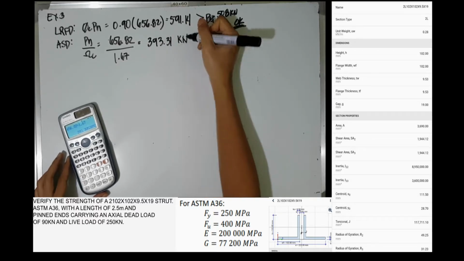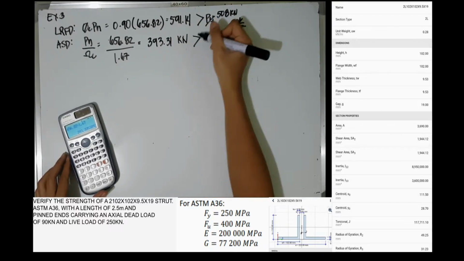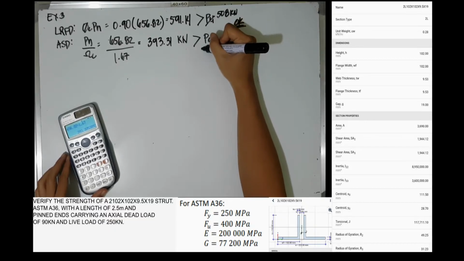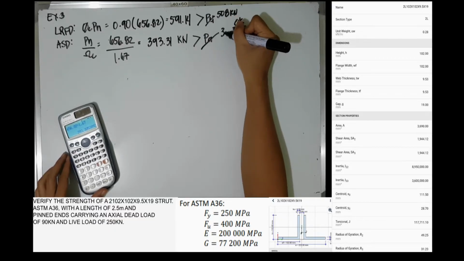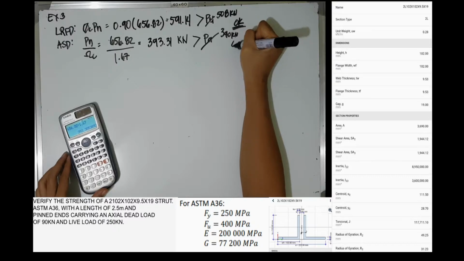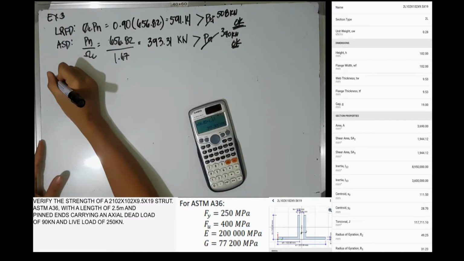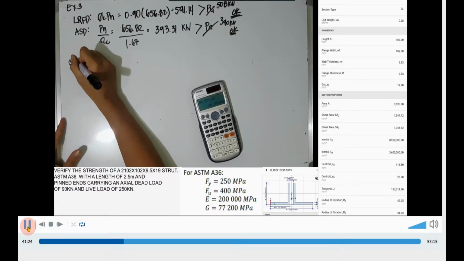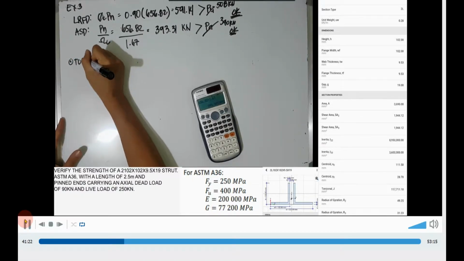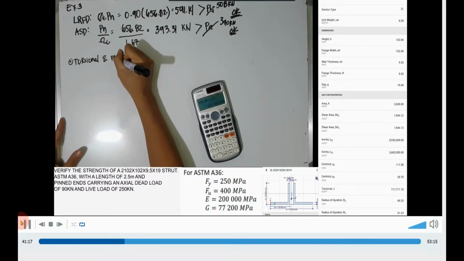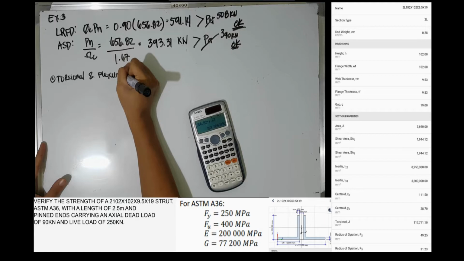And comparing it with our Pa, which is equal to 340 kilonewton only, so this section is okay. So next is to proceed to the torsional and flexural torsional buckling limit state.